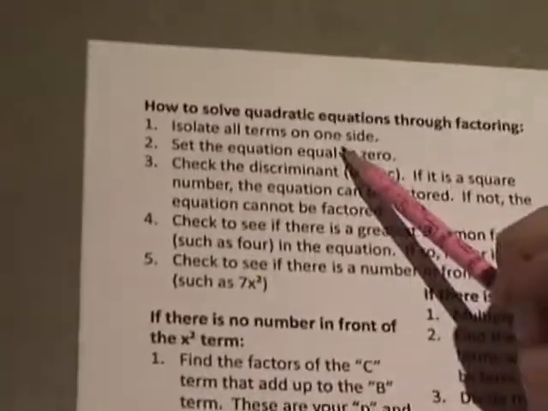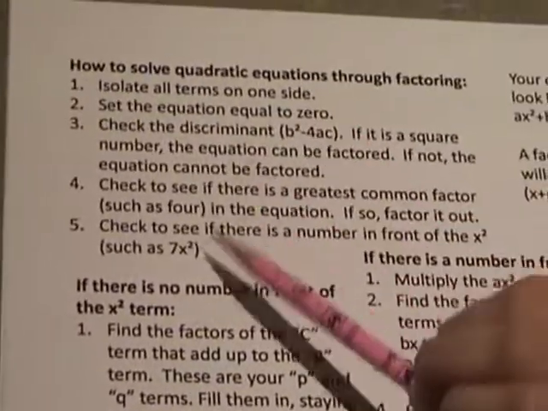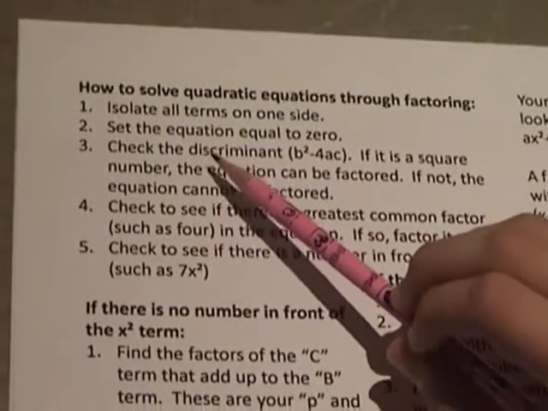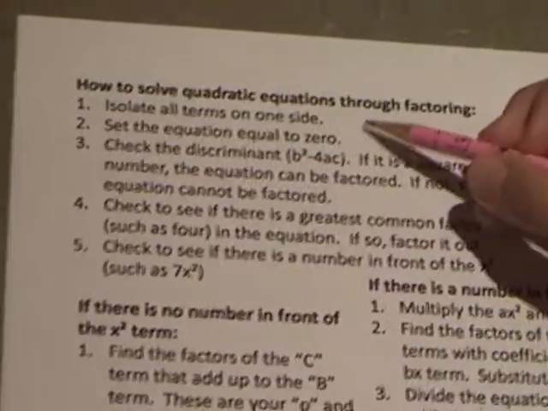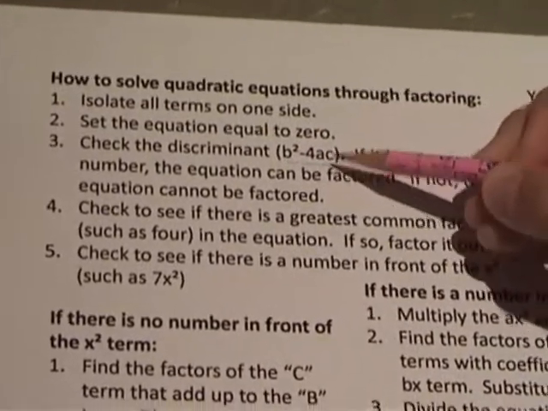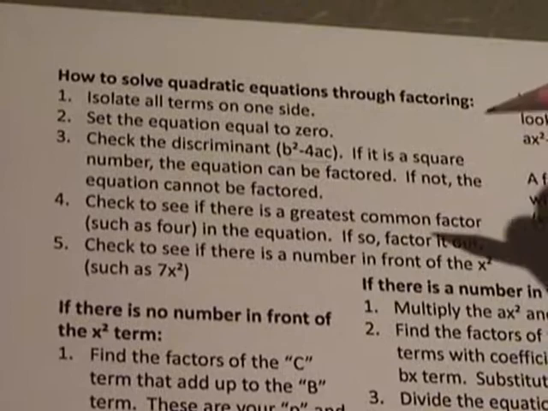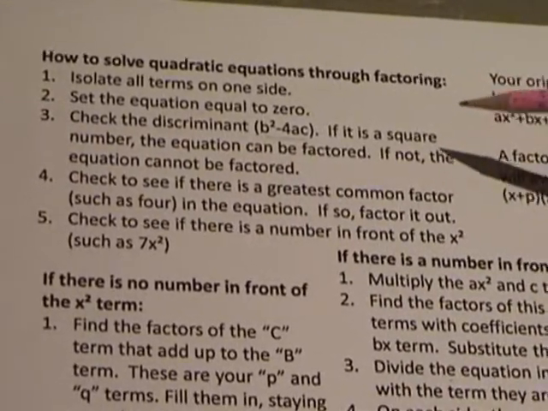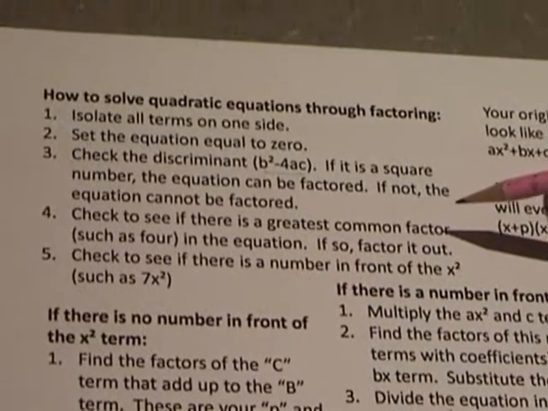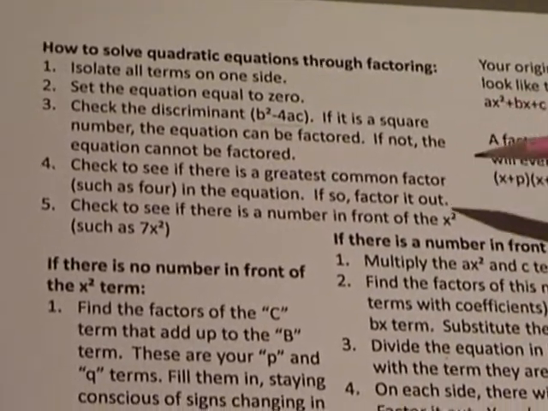First thing you do is you isolate all terms onto one side, then set the equation equal to 0. After that, check the discriminant, which is b squared minus 4ac. If this is a square number, then the equation can be factored. If it's not a square number, the equation cannot be factored and has to be solved using another method.